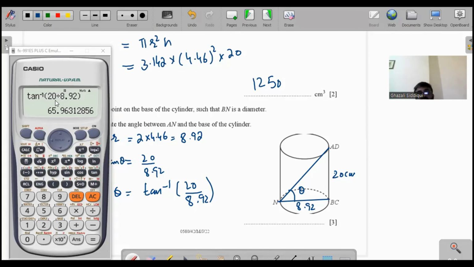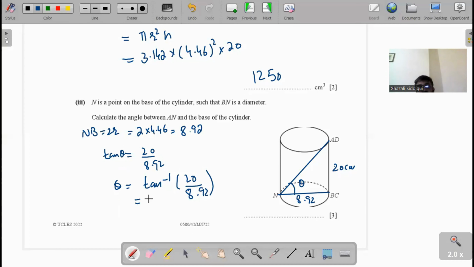Now we take tan inverse 20 divided by 8.92, you get 65.96. And that is the 3 SF value 65.9. The angle should be in one decimal place. The neighboring digit is more than 5. Now we can write it as 66 degrees. Now 66 degrees is the answer.